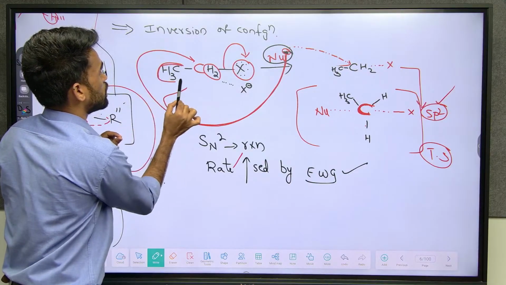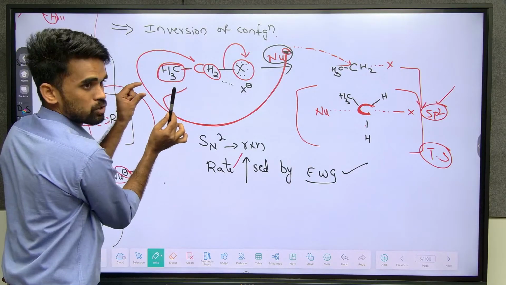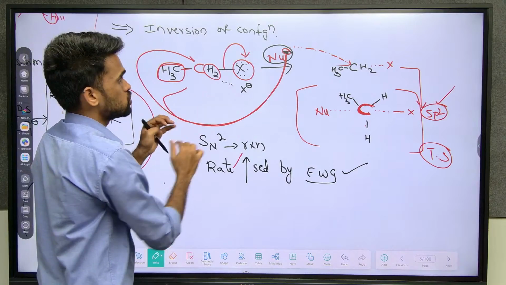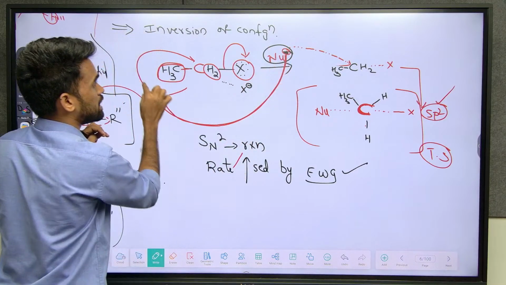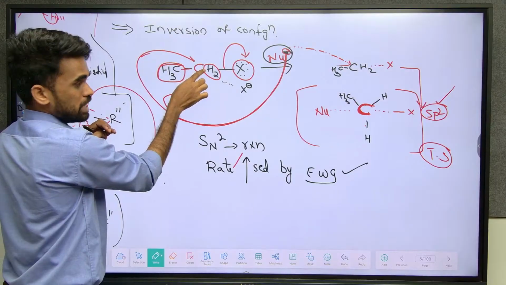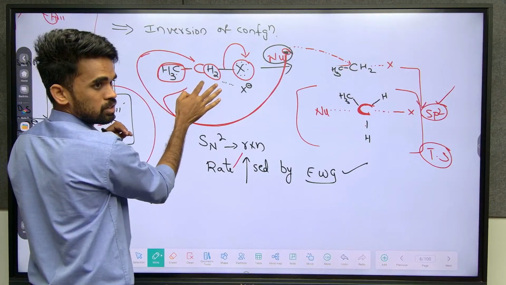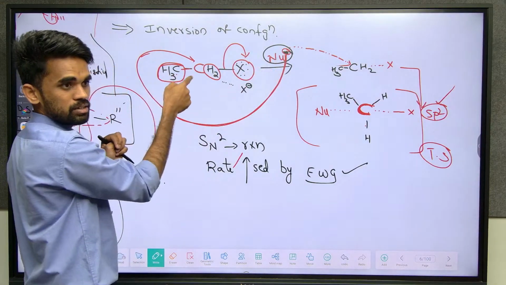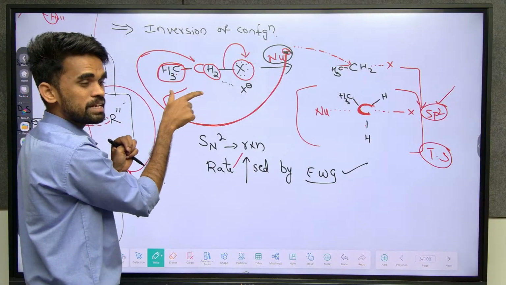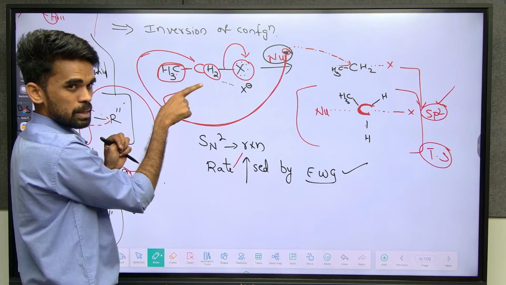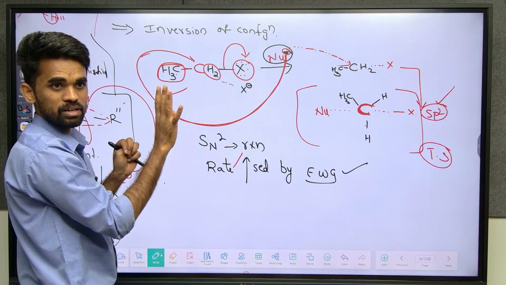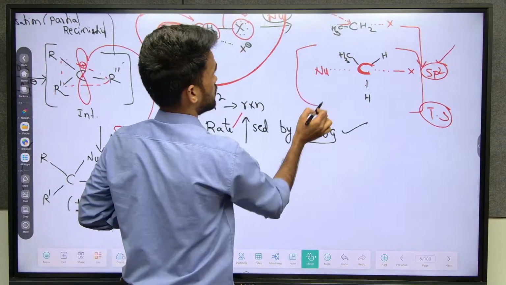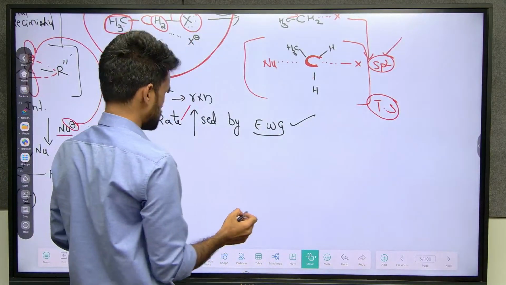Here one methyl group only, a little bigger group, remaining all are smaller. So the entry of nucleophile from backside is easy or not? If these groups are also bulky, will they allow this nucleophile to enter? That's why, what is the reactivity order? Clear everyone? Yeah.